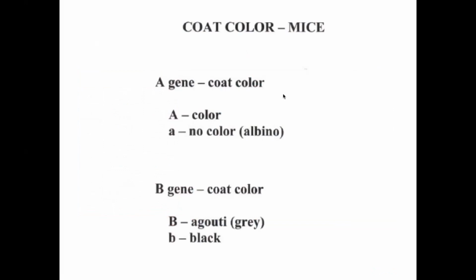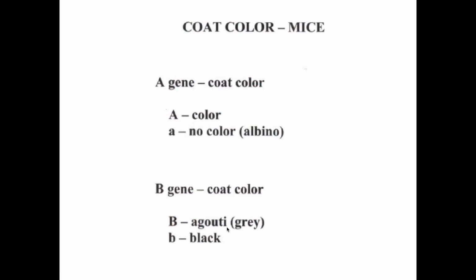They said that there's two genes that are responsible for determining coat color in the mouse. So I've defined those genes as the A gene and the B gene. I've assigned dominant and recessive alleles at both A and B, and then I've assigned phenotypes that are conditioned by those two allelic alternatives at each of those two genes.